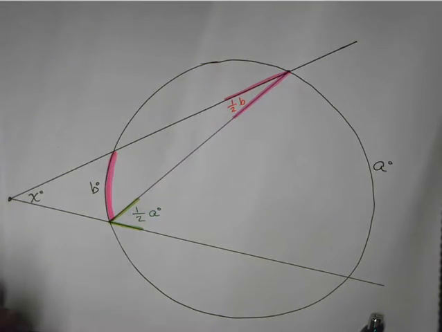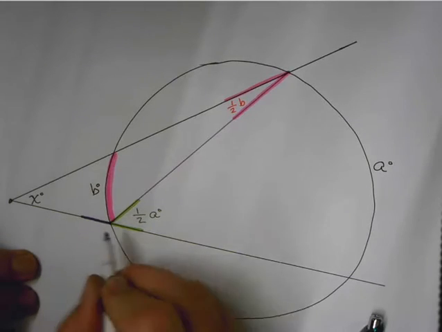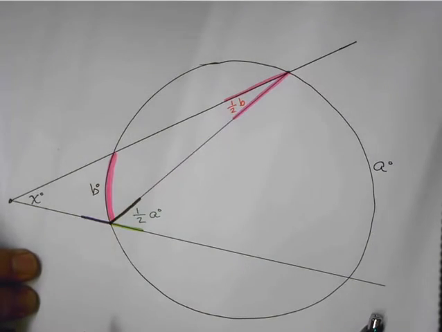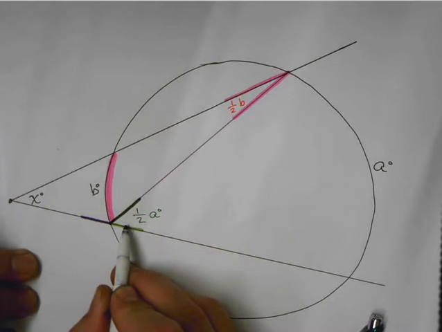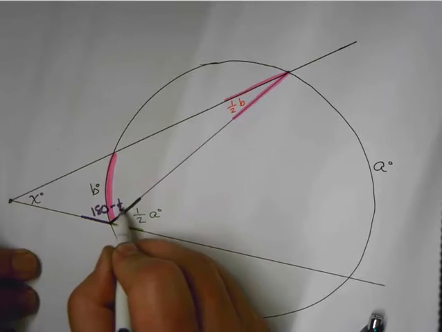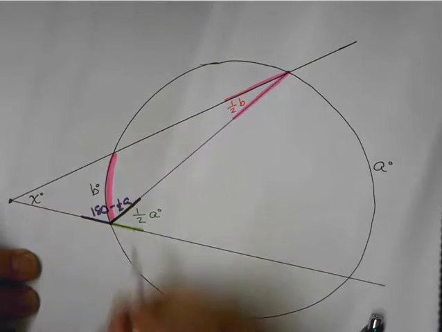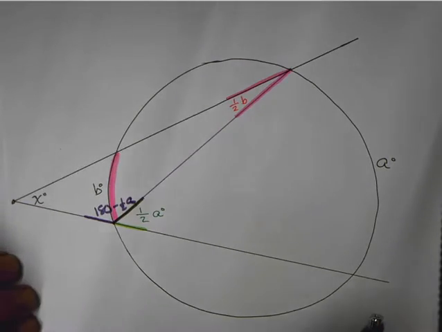Okay. Now we're going to look at this angle. Notice that this angle, the purple angle, and this green angle we had previously are supplementary. Therefore, we can say that this angle is 180 minus 1/2 of A. And what we've now produced for ourselves is a triangle.